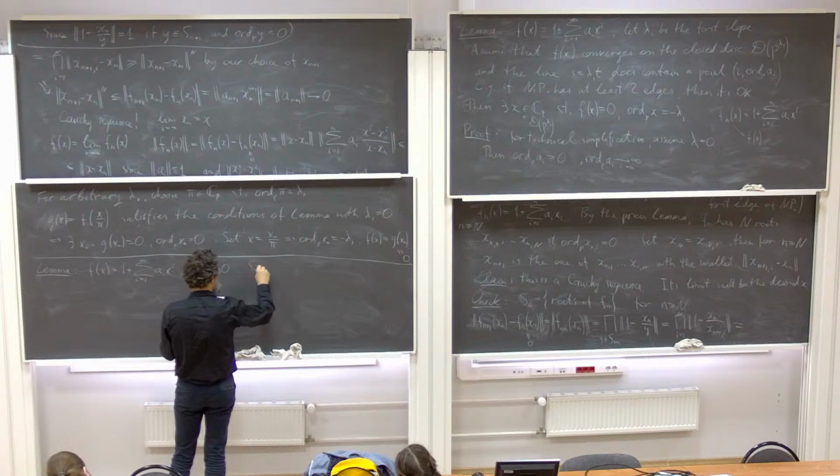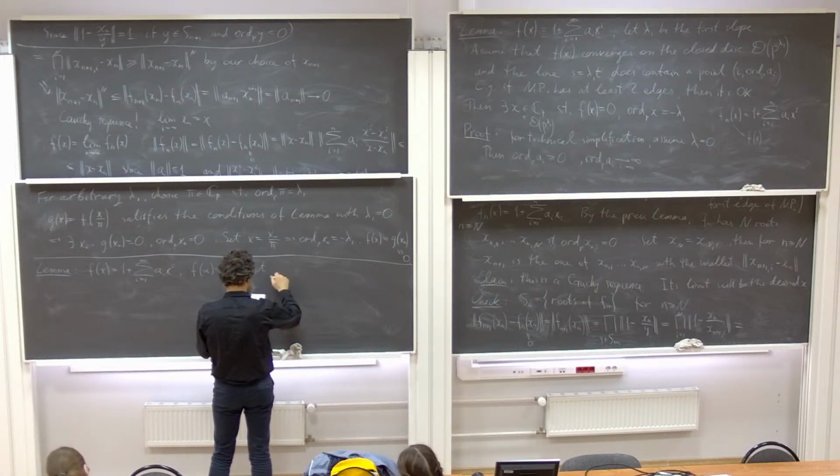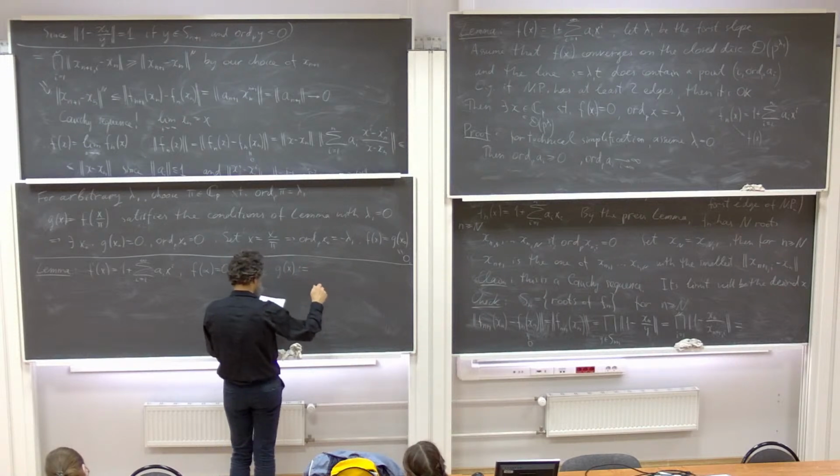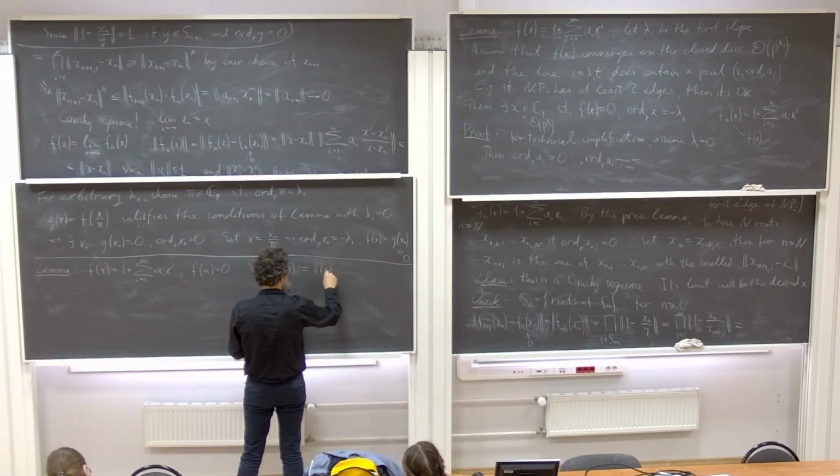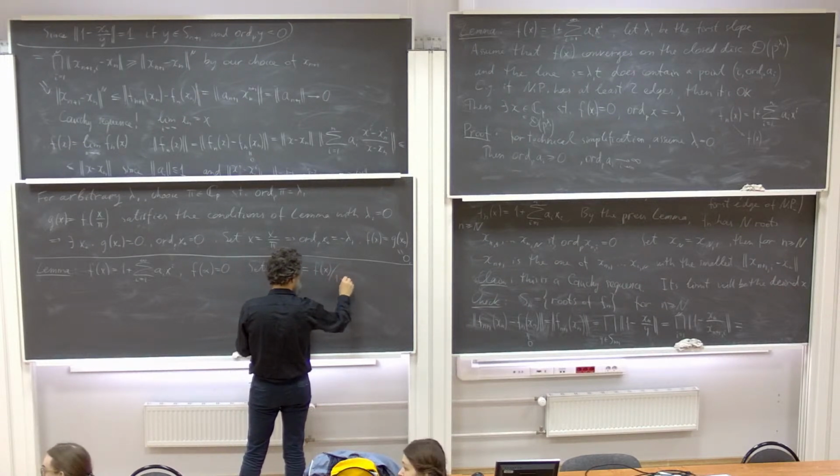Then we set g of x is f of x over 1 minus x over alpha.